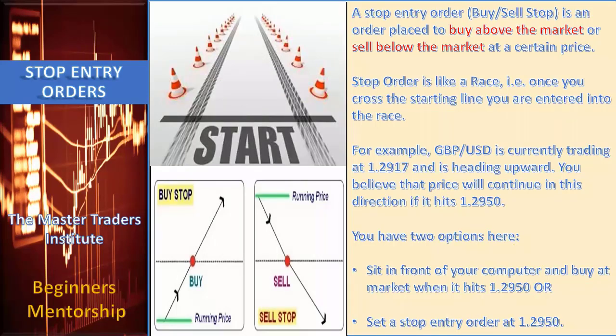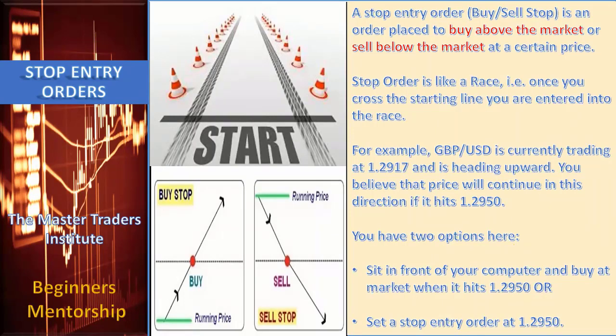You have two options here. You can sit in front of your computer and do instant execution when the price reaches this value, which is 1.295. Or you can simply set a stop entry and go about whatever you are doing. And when the market gets to 1.2950, it will automatically take your trade and put you in the trade.